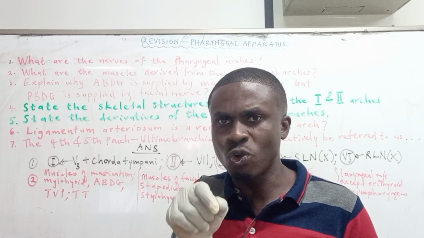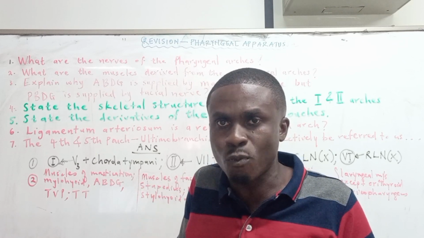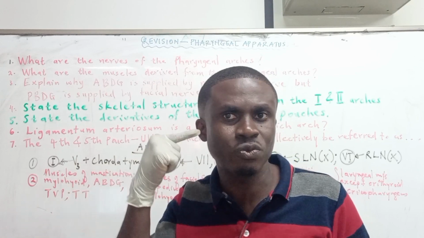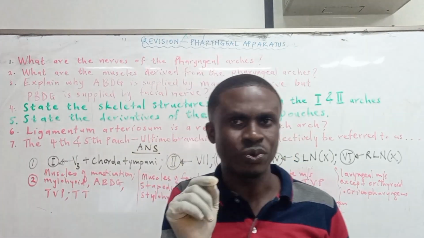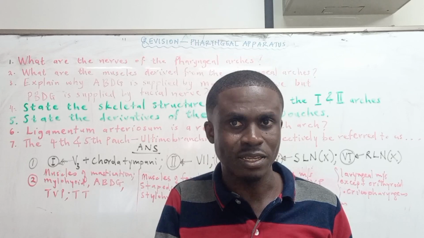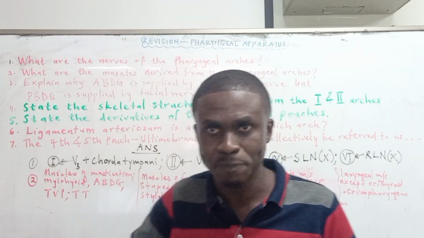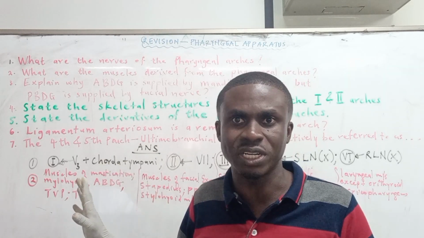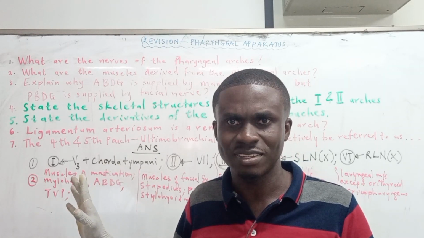But I want you to know that those which will be derived from Meckel's cartilage, mainly we'll be talking about the ear ossicles. Now I told you that the first 2 ear ossicles, malleus and incus, will be formed through endochondral ossification of the Meckel's cartilage model.